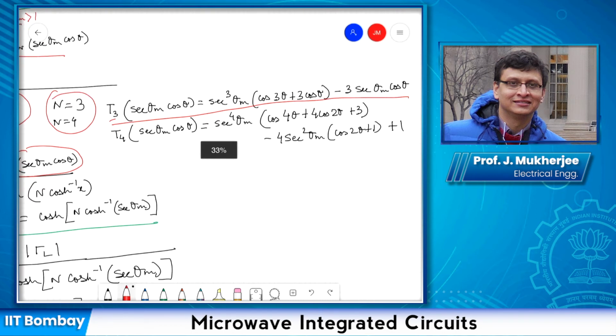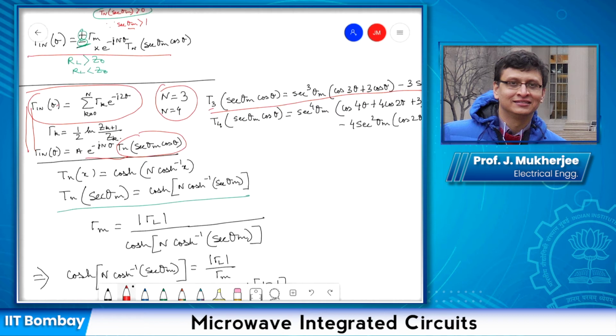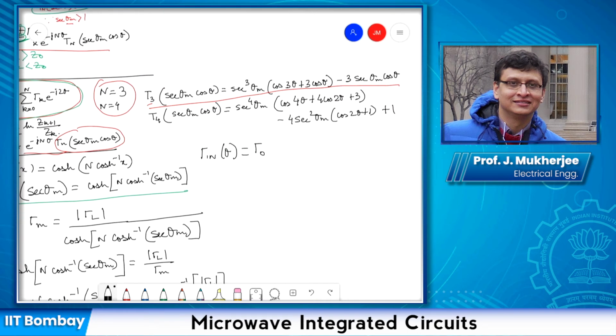Further, for n equal to 3, this gamma in from this equation, we will get k here.